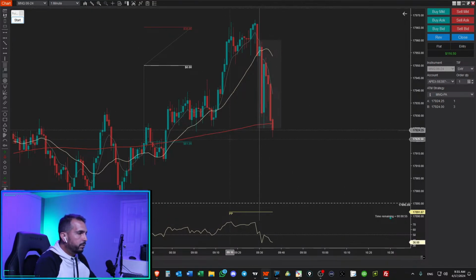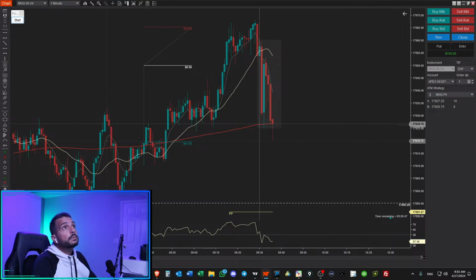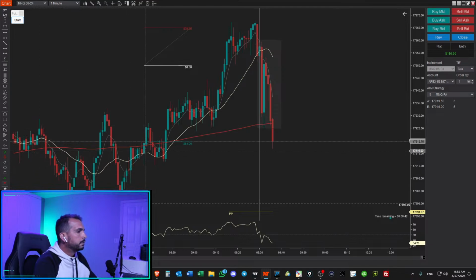Now let's wait for the retest and then we'll enter. Or it might be too late for that. Yeah, see, that's why I don't like the opening range breakout, because I feel like I'm always going to be late.